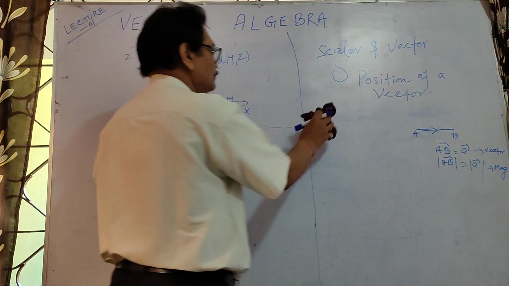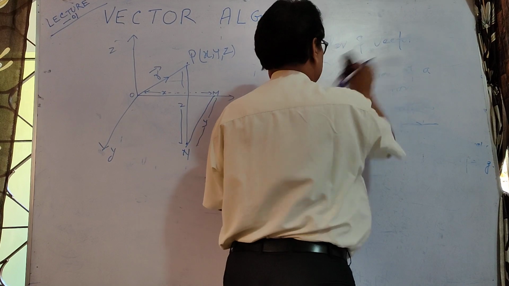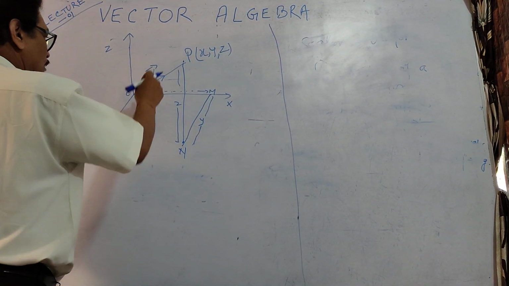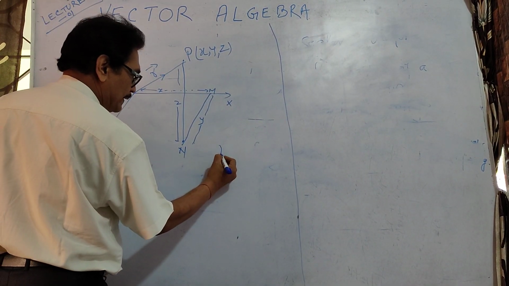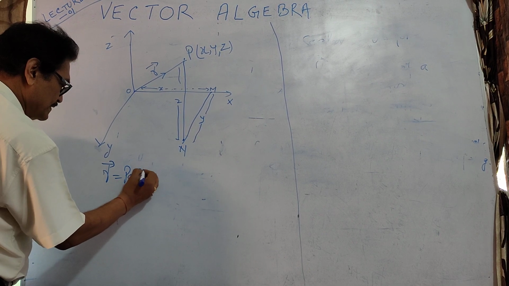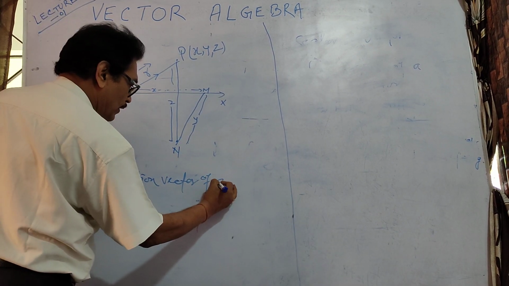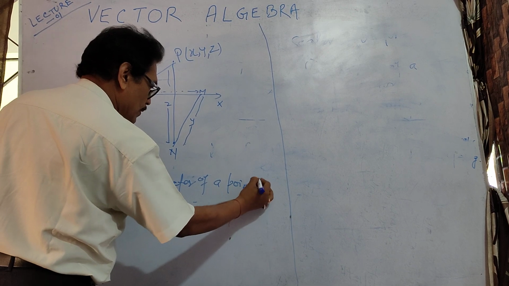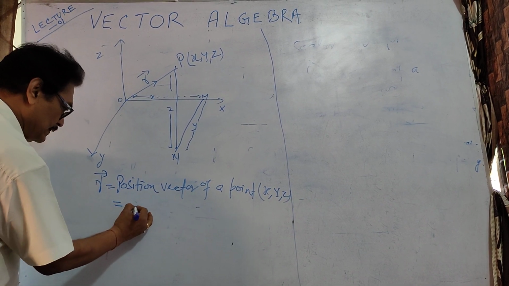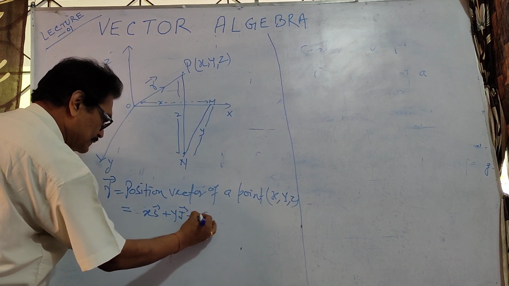So if R is to obtain vector R, this is the position vector of a point x, y, z, and this is represented as xi plus yj plus zk.